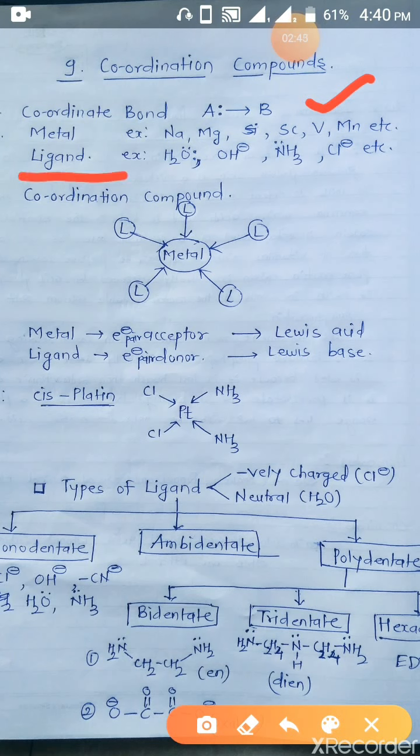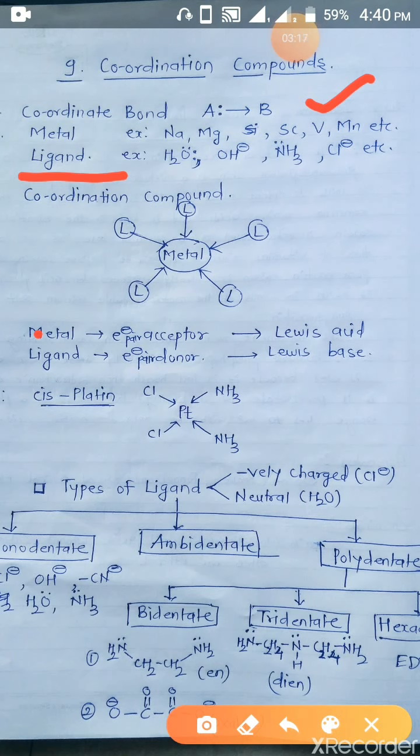Ligand means any species. It may be neutral or it may be negatively charged. Okay, I'll repeat. Any species which is neutral or negatively charged, which donates its electron pair towards the metal or into the vacant d orbital of metal to form the coordinate bond.